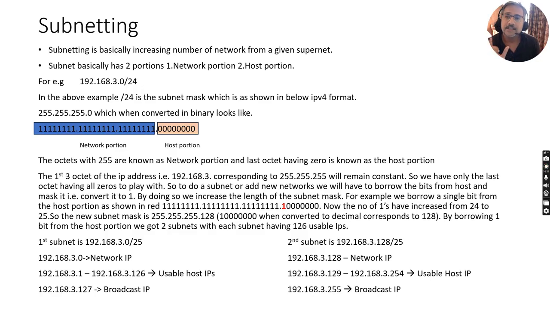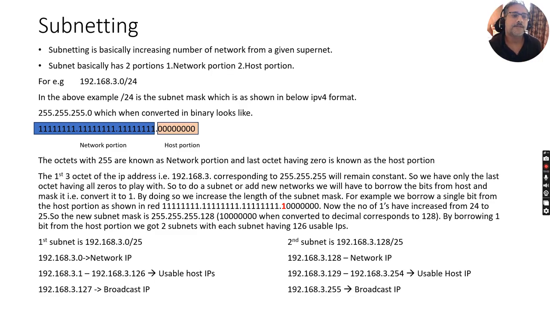So remember, that means the initial 24 bits are on. You cannot fiddle with those 24 bits. When you say /24 bit subnet mask, it means the first 24 bits are on and you cannot do anything about those bits. Now the remaining 8 bits, the host portion, those are the bits which you can play with to create your subnets.